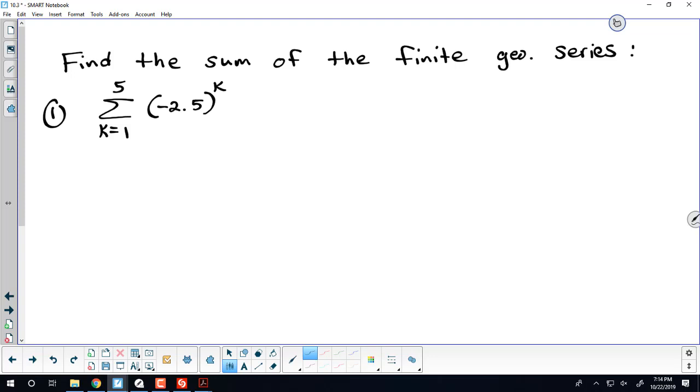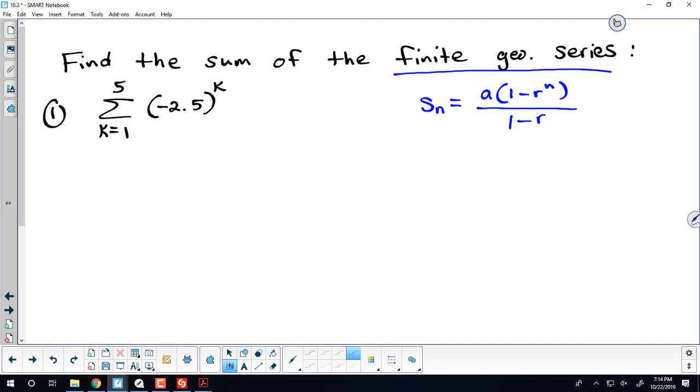Okay, so remember from the previous page, the sum of a finite geometric series was this formula we had before we took the limit as n approaches infinity. So that's the sum of any finite geometric series.